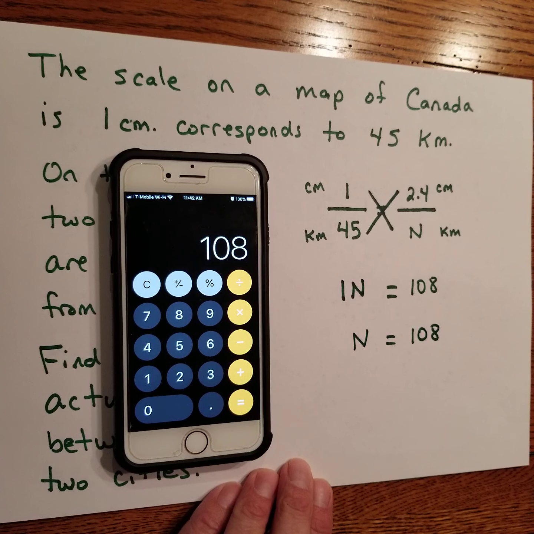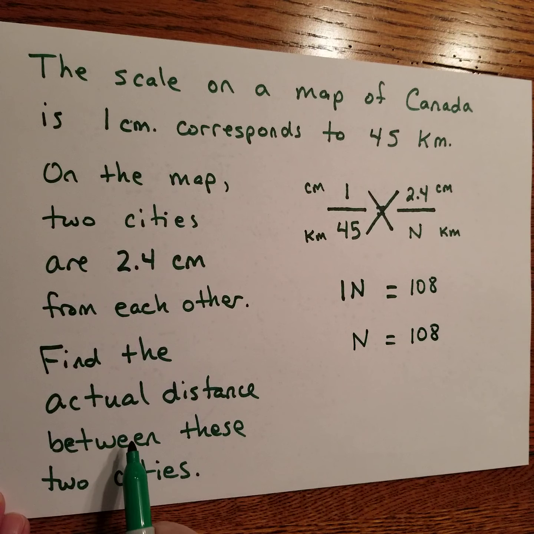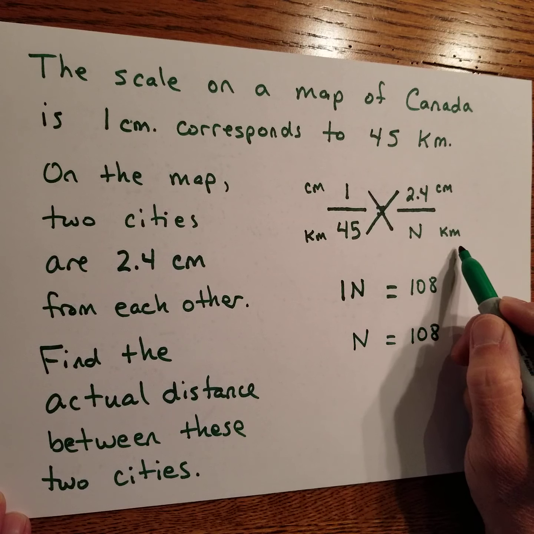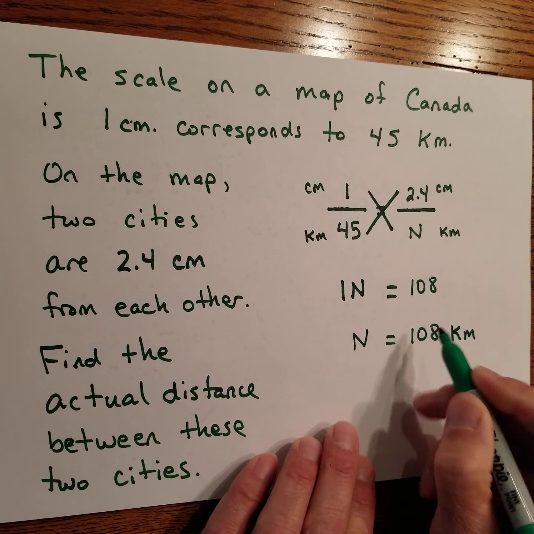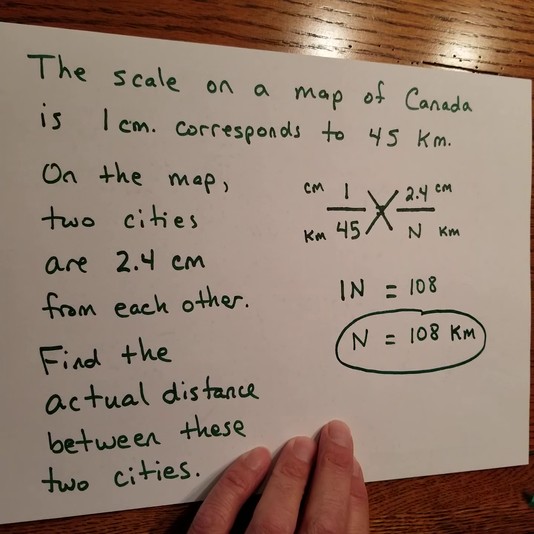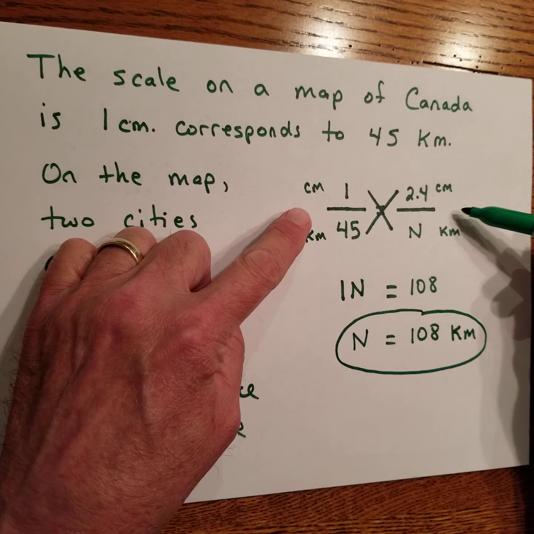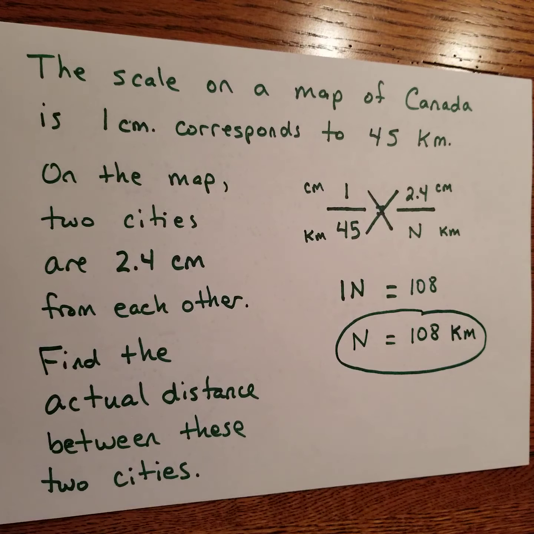Now for full credit, I have to label that answer. What is 108? It's the distance between the two cities in kilometers. So the two cities are 108 kilometers apart. When you work your homework problems, I want you to give me the proportion, cross multiply, label that answer.